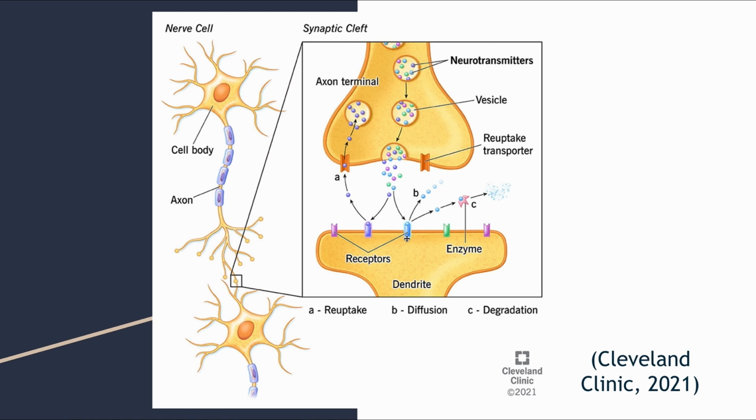Now, due to these neurotransmitters binding to the receptors and activating certain types of ion channels, the membrane potential could depolarize, meaning it becomes less negative, or it could hyperpolarize, meaning it becomes more negative.